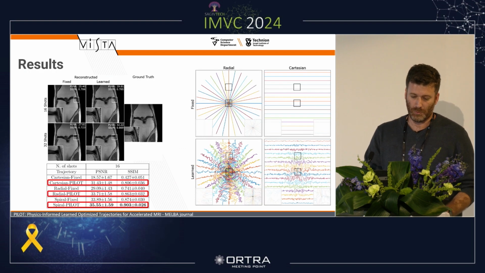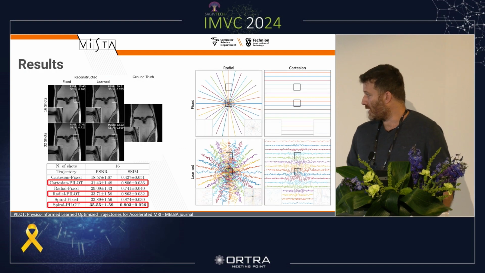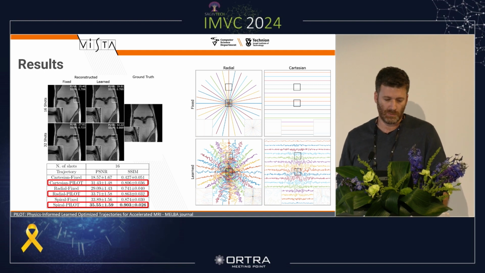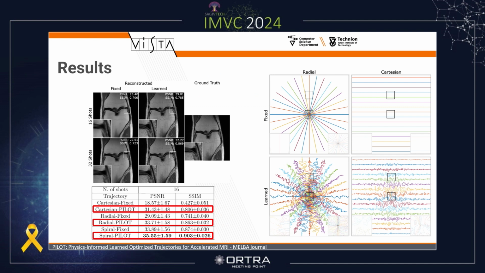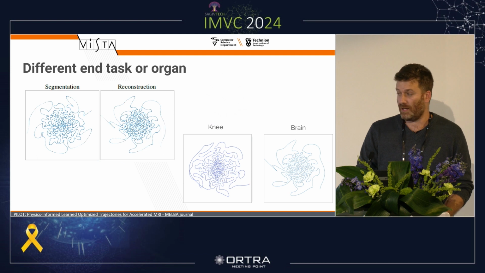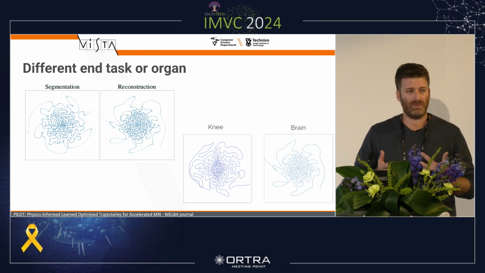And truly, this is what we found. We can optimize the acquisition trajectory. You can see the learned trajectories on the bottom right. And they also perform much better in the end results. Interestingly, it's highly adaptive to the end task.